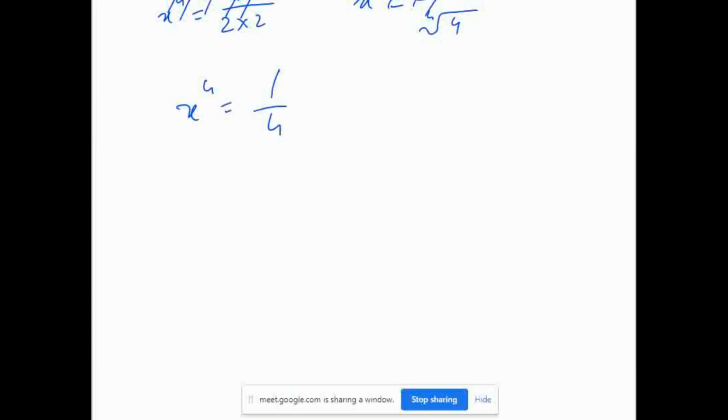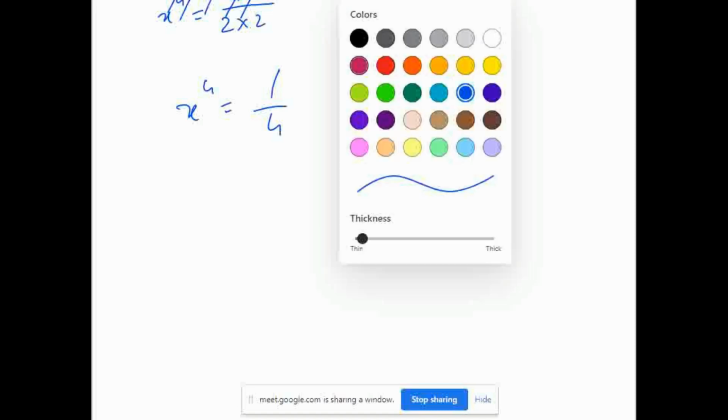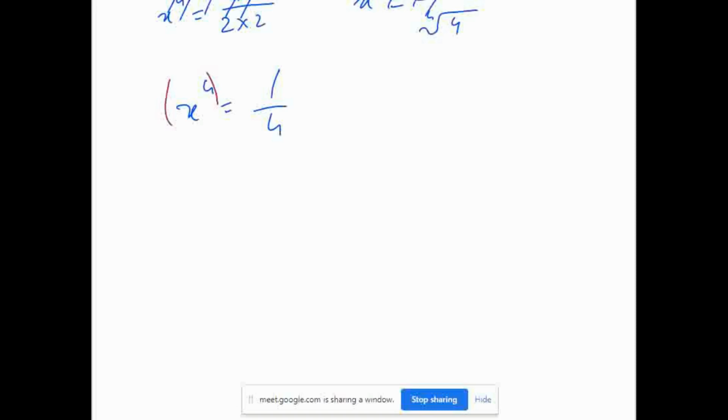If you want to remove the power 4, what you have to do? You have to take the power of 1 by 4 on both sides, is it? So now from here you can see x will be equal to 1 over 4 power 1 by 4. Is it right?